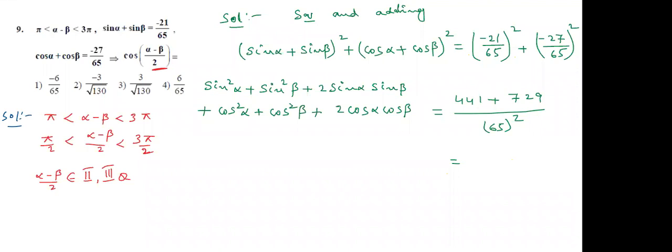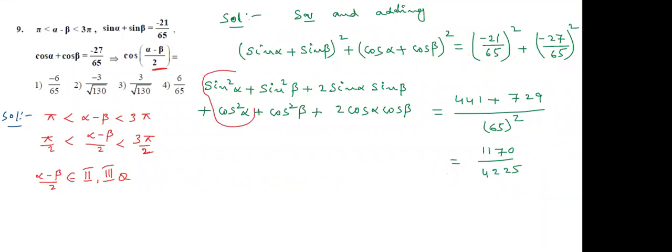Overall, observe that 729 plus 441, that is 1170. Okay, divided by what is 65 whole square, students? This is 4225. Now go to the right hand side terms.